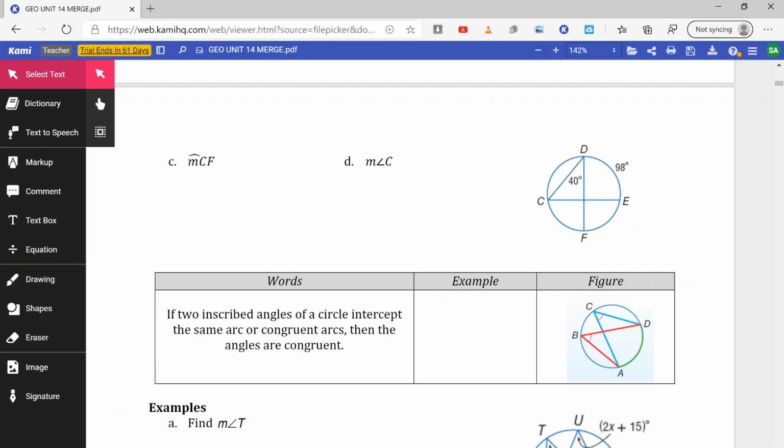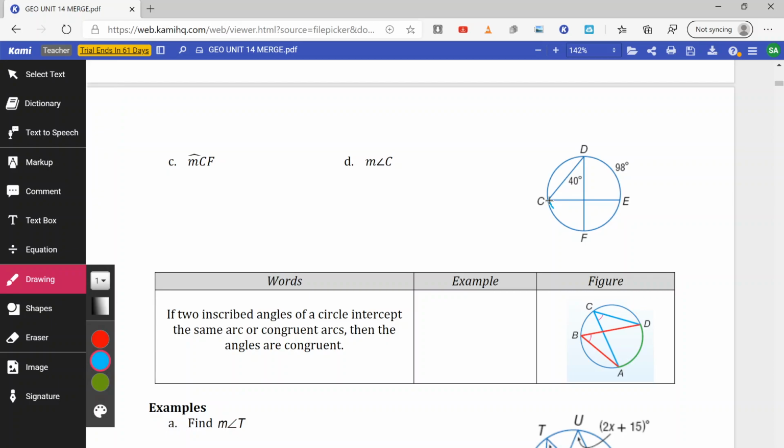We have angle D being 40. So arc CF is right there. I take a look at the intercepted angle, which is angle D, so the inscribed angle is D. If I have the angle measurement to find the arc, I double it. So arc CF is double 40, which is 80 degrees.